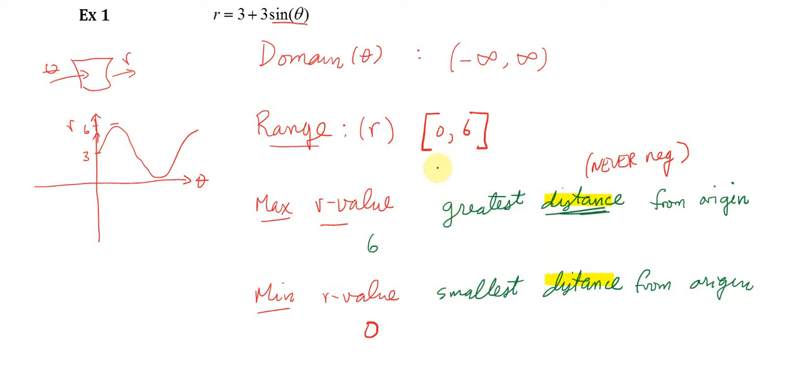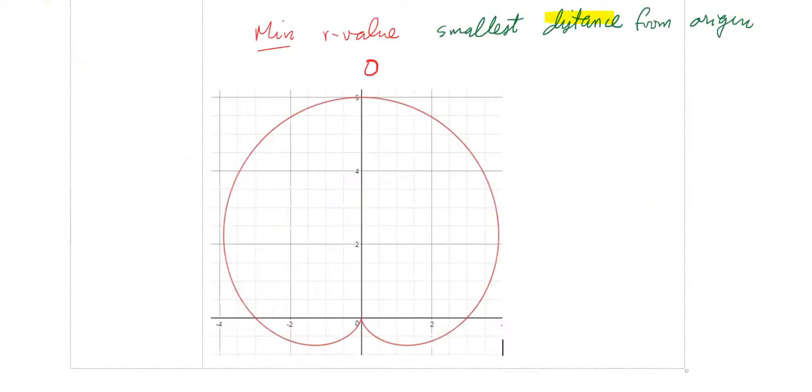So without further ado, let's actually graph this in polar mode and see what we got. We can see here from this graph, this is in polar mode. This is what it looks like. And up at this point here, this is where the maximum R value occurs, because you can see here that the distance from 0 to that point is exactly 6.